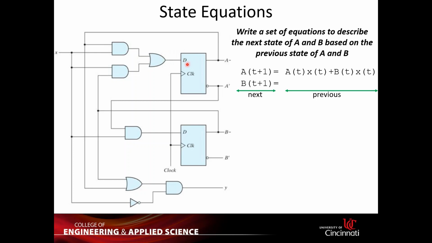So A(t+1) is here, A(t) will be here. Then you can write an equation based on this combinational circuit.